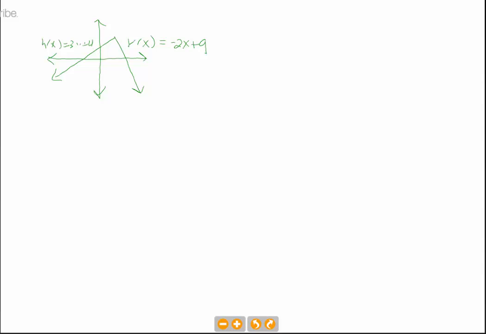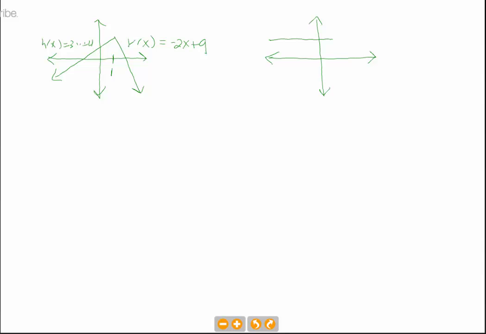So again, let's think about graphing the derivatives over here. These lines intersect at 1, and the slope of my first function is 3, so I'm going to have a straight line at 3.